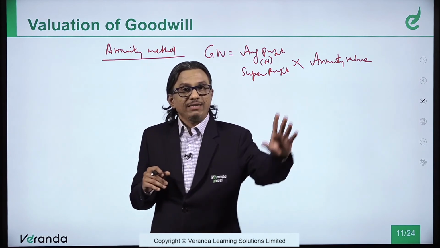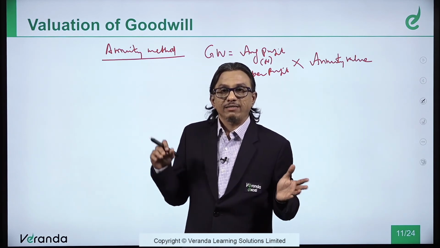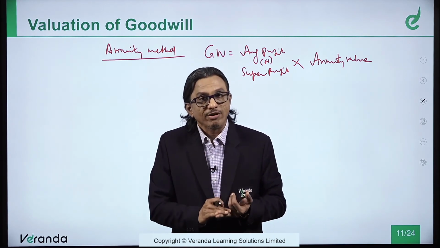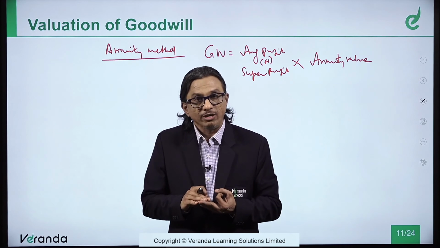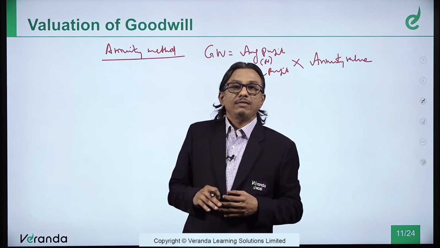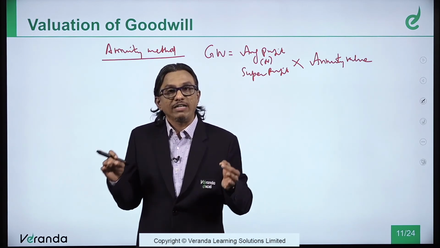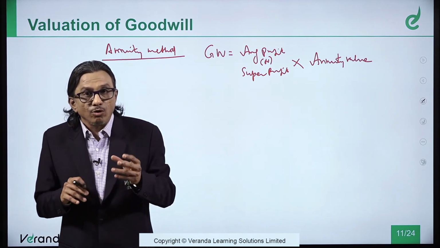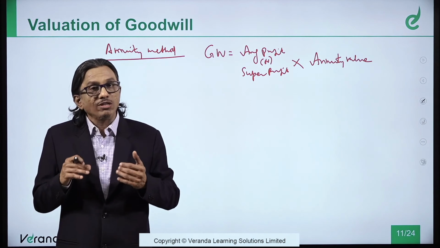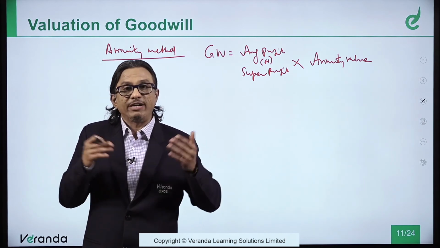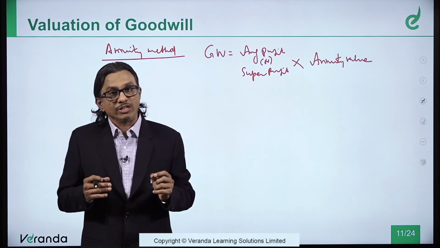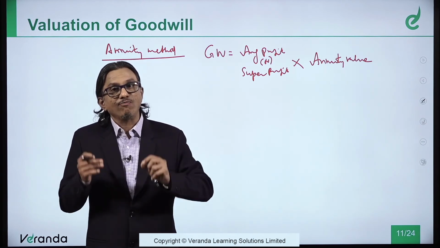But in the earlier three methods, whether it is average profit method, or super profit method or capitalization method, we have not considered the time value of money. Whereas under annuity method, we are going to take into consideration how the value of money decreases over a period of time. So this method takes into consideration time value of money.